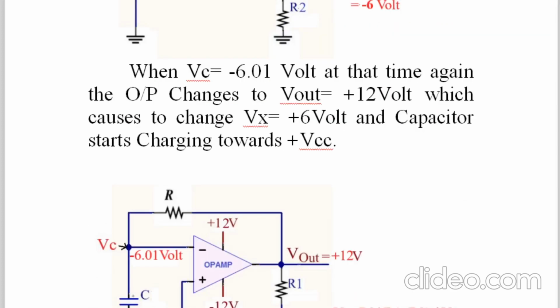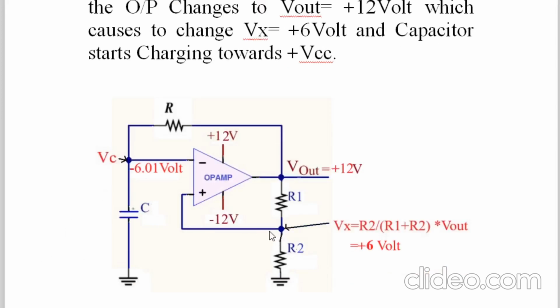So now when the capacitor voltage is below 0, minus 1, minus 2, and say minus 6.01, when the capacitor started discharging from 6.01, it will discharge 5 volt, 4 volt, 3 volt, 2 volt, 1 volt, 0 volt, and below 0, minus 1, minus 2, minus 3, like that. When the voltage across the capacitor becomes minus 6.01, look at the diagram now.